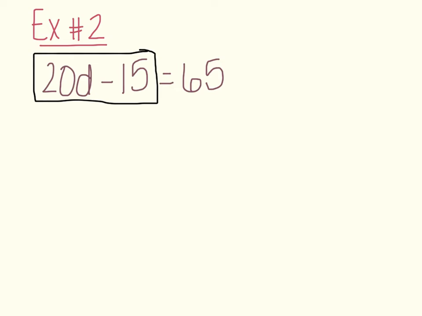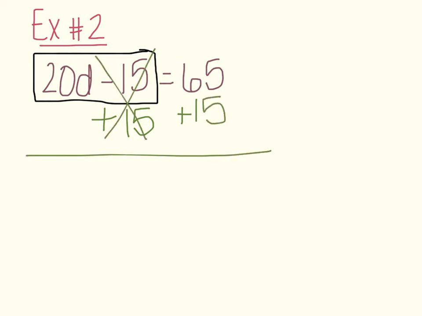That's why we're doing the opposites. So that's why I'm getting rid of, right now, the 15. So it's a minus 15. The opposite of that would be adding 15. It's going to cross out on that side. So I'm going to be left with 20d equals, and 65 plus 15 is 80.